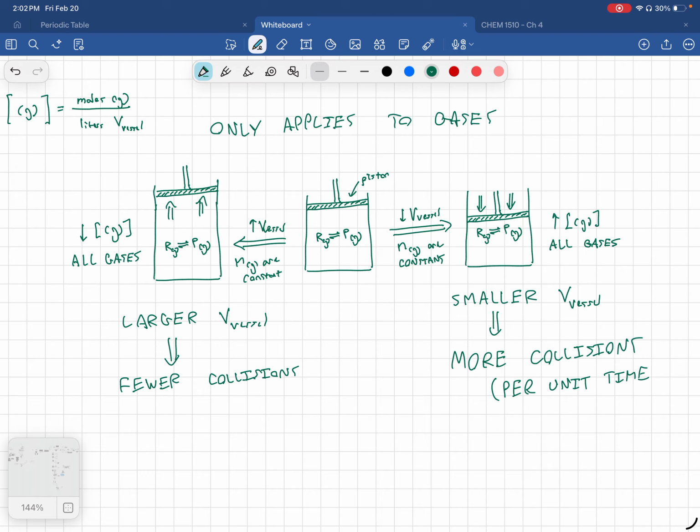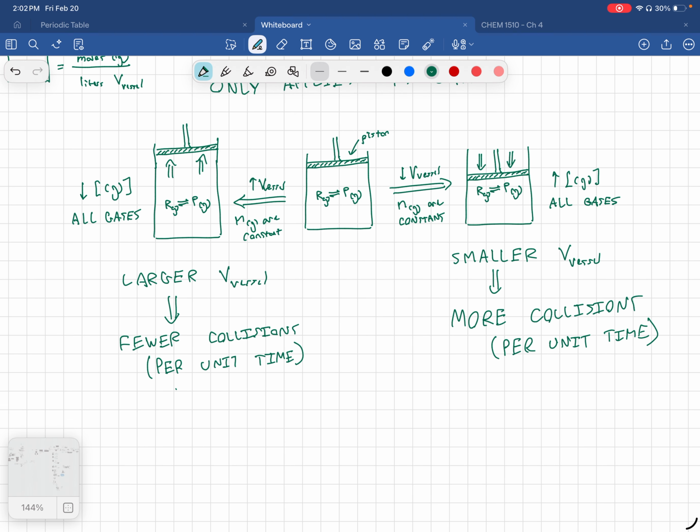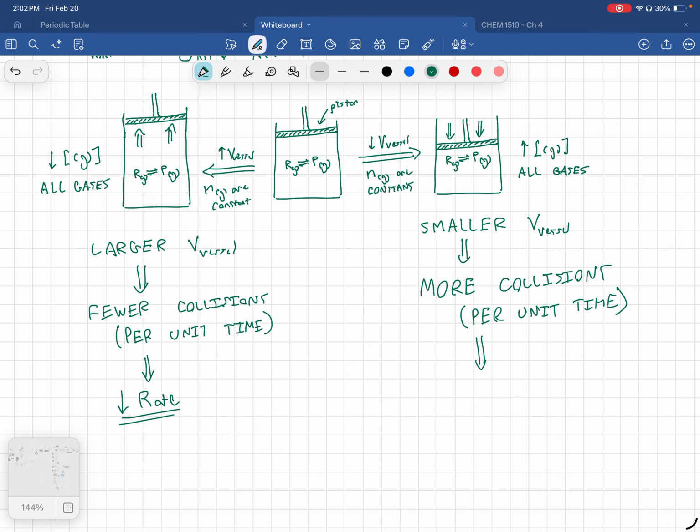So in other words, collisions per second. So fewer collisions means decreased rate. More collisions means increased rate.